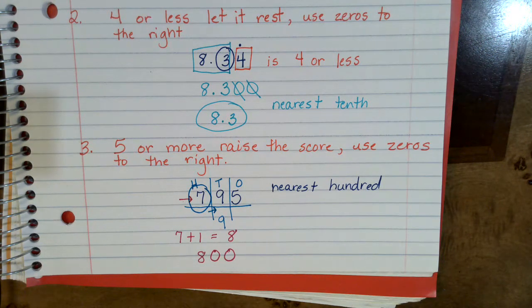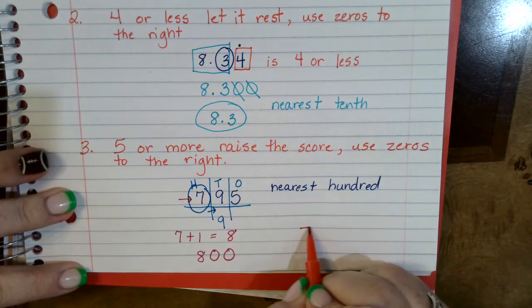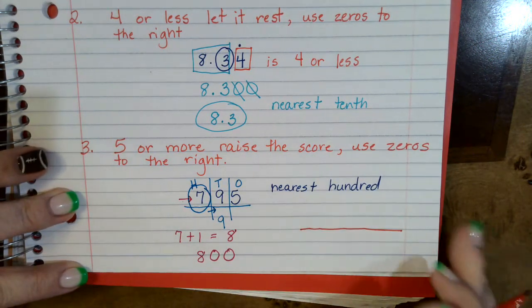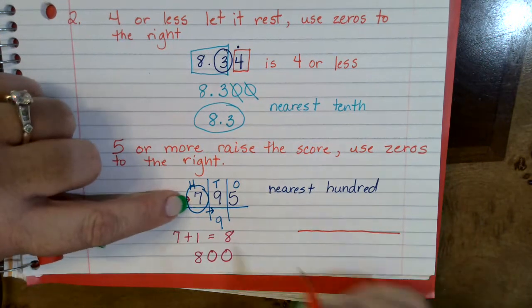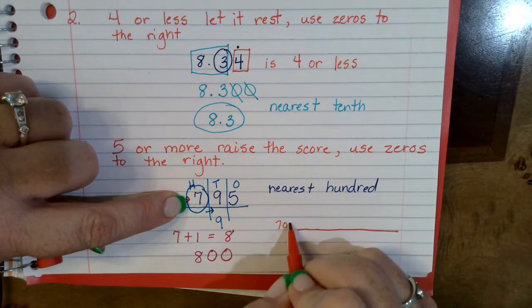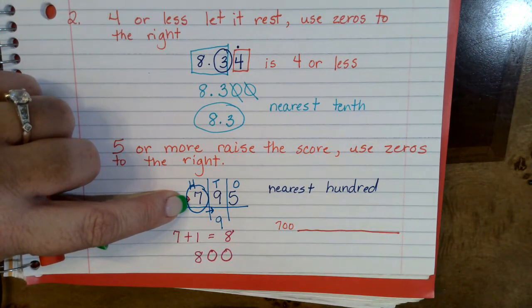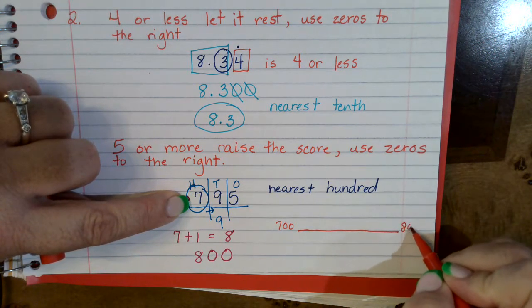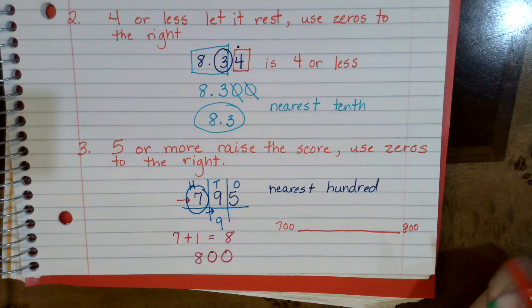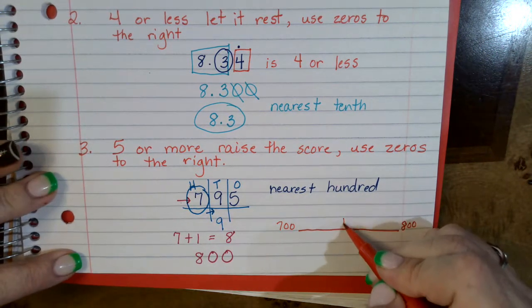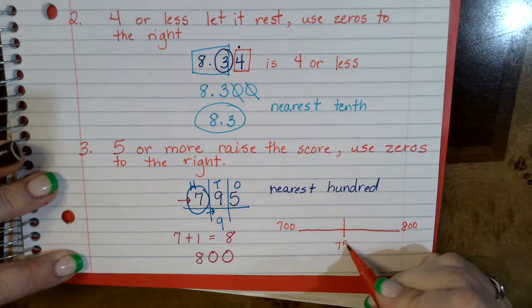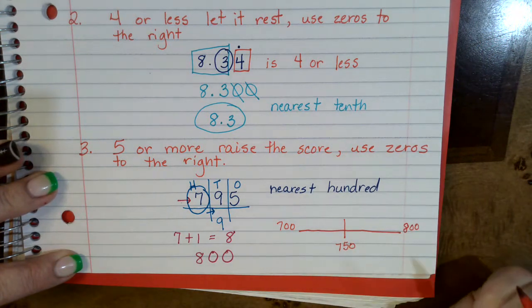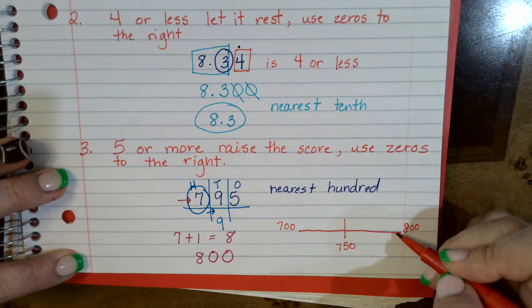So we can check ourselves and say, okay, if we made a number line, here's our number line. The first 100 we're dealing with is this 700 because that's what's in that place value. The next 100 that we're going to deal with is 800 because that's the 100 more. Somewhere in between here is going to be 750.